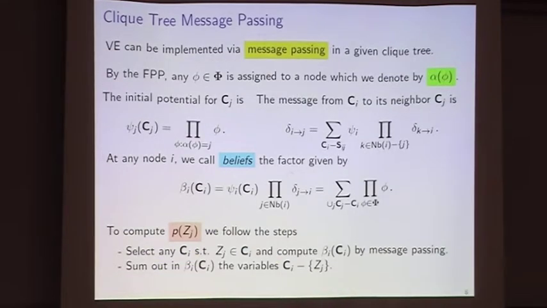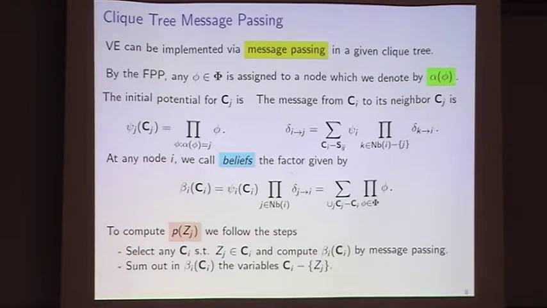Once we do this message passing across the links in the graph, for each node we can define the belief, which is the product of the initial potential associated with the node and all the incoming messages to that node. It can be shown that this is just the marginal of the joint with respect to all the other variables that are not contained in the subset of variables associated with the node.